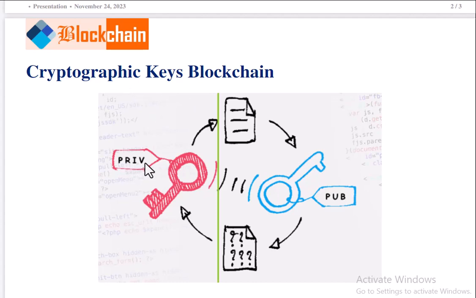One is the private key and another is the public key. The private key is that key which is not shared publicly with other nodes, while the public key is shared with all other nodes within the network. The public key is used by other nodes within the blockchain network to authenticate their transactions.